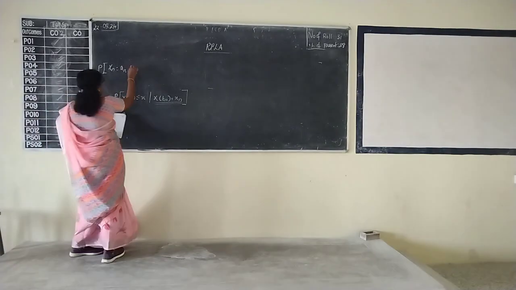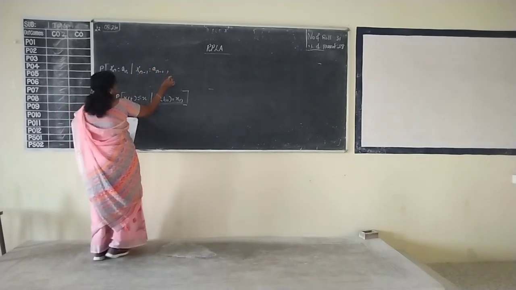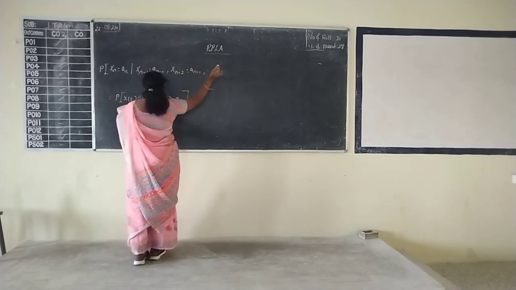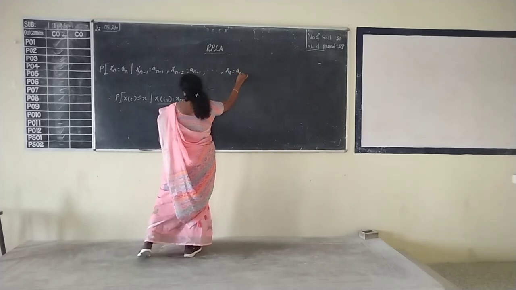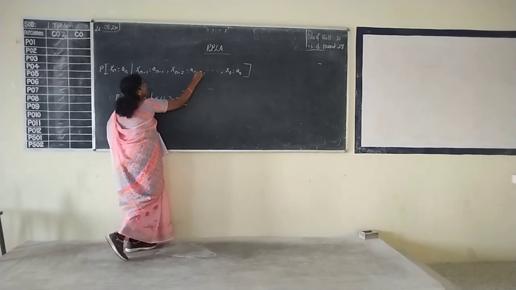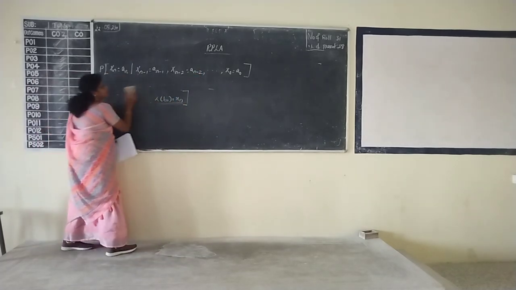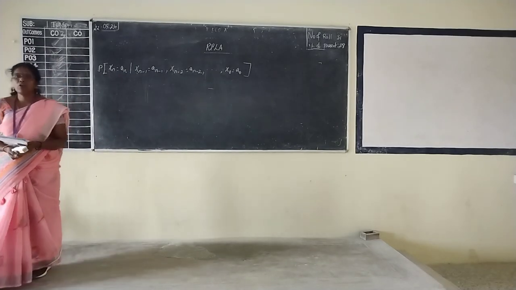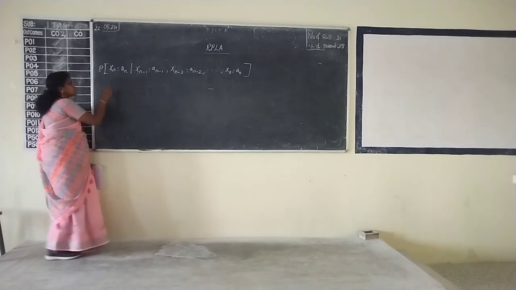Xn equal to a n when given xn minus 1 equal to a n minus 1, xn minus 2 equal to a n minus 2, etc. This should be equal to what? Now you tell me. You know what is Markov process. This should be equal to what?